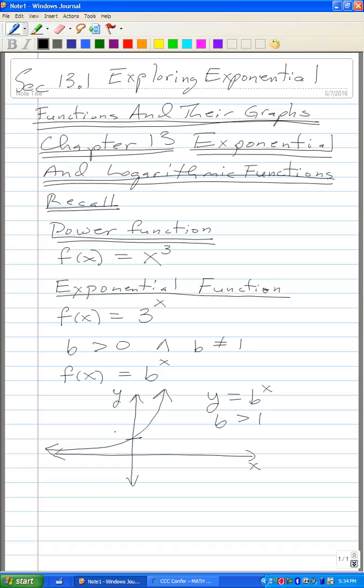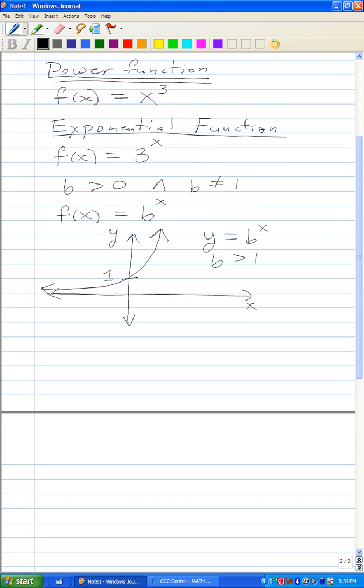Then it will look like this. It will always be increasing. So as you proceed from left to right, my y values are always getting larger and larger. It is also concave up, so it's increasing in an increasing manner.